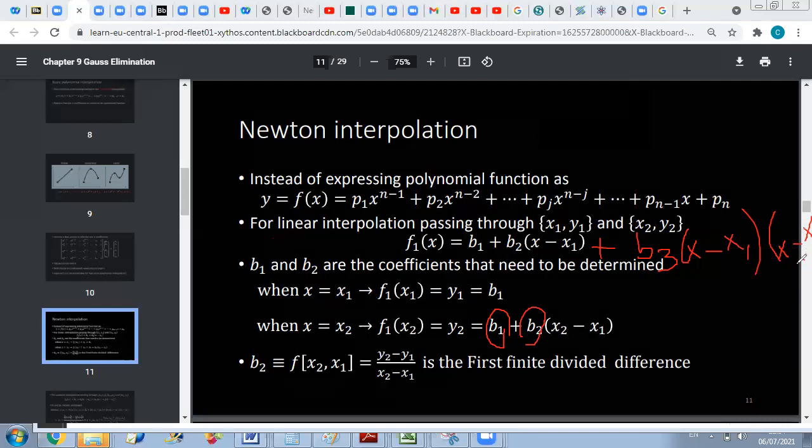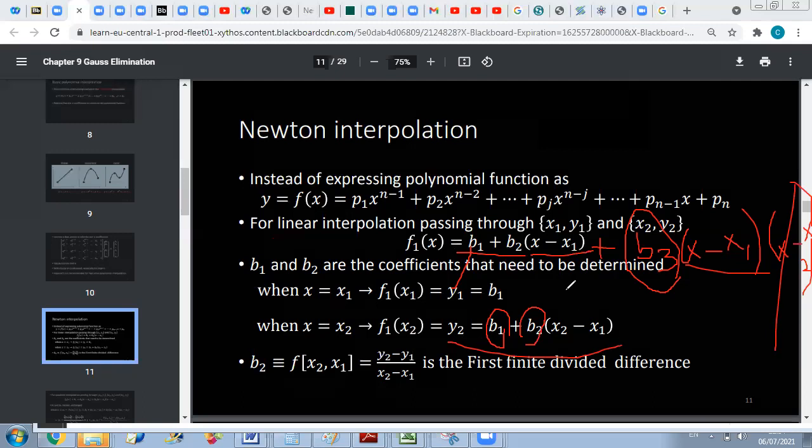Why in this case will b1 and b2 remain unchanged and we just add a new coefficient b3? Because if you define the function this way, for x equal x1, this term is 0 and this term is 0, so b1 will remain equal to y1. When x is equal to x2, the term x minus x2 will cancel out, and you go back to the same relation that y2 is equal to b1 plus b2 times x2 minus x1.